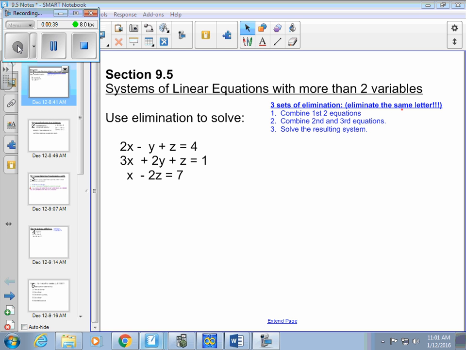Okay, so solving linear systems that have more than two variables. What happens if you have x, y, z? We can't graph this on our calculators and look for where they intersect unless you have a TI-89, because it's three-dimensional. And TI-89s will graph three-dimensional for you so you can rotate around and take a peek at all the angles, and they're really kind of cool.